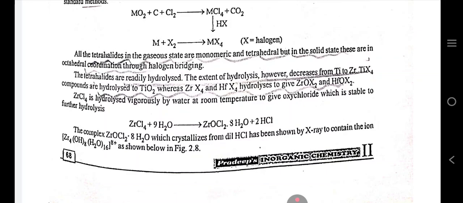ZrCl4 is hydrolyzed vigorously by water at room temperature to give oxychloride, which is stable to further hydrolysis. The complex ZrOCl2·8H2O, which crystallizes from dilute HCl, has been shown by X-ray to contain the ion as shown below in figure 2.8.